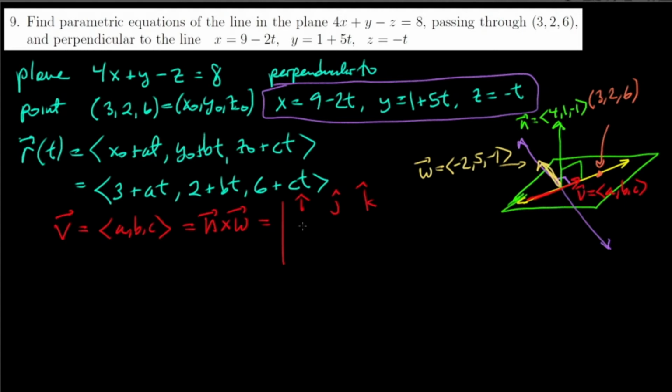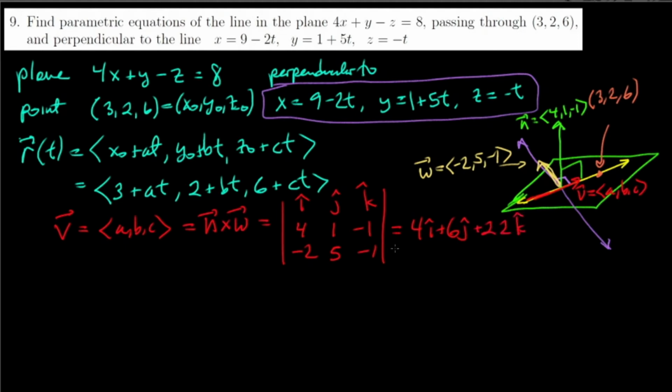So let's keep the order here. So n is 4, 1, -1, and w is -2, 5, -1. And so we should get -1 plus 5 is 4, so 4i. 2 plus 4 is 6, so 6j. And then 20 plus 2 is 22k.